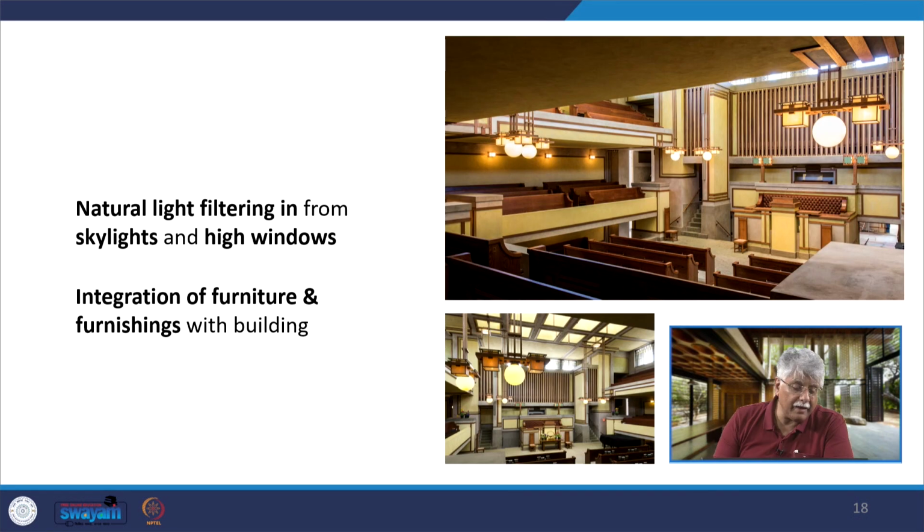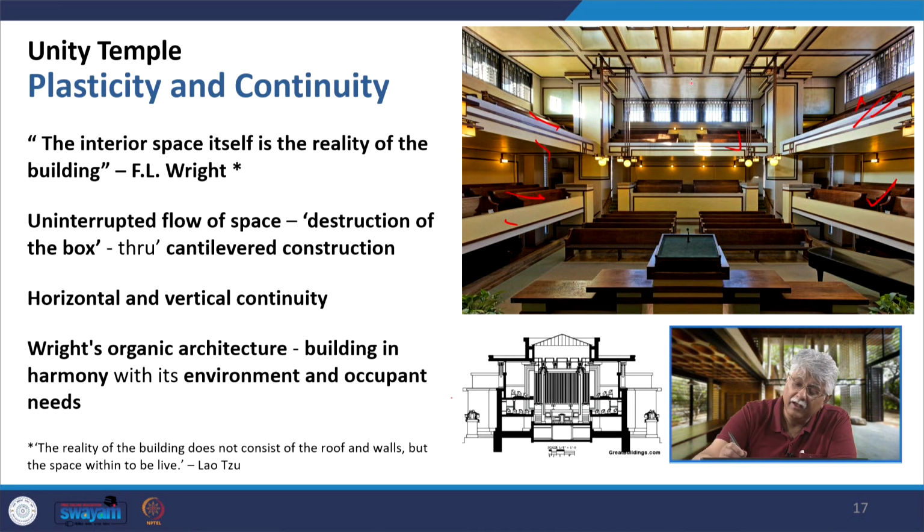Now again, light filters through the skylight and the high windows in the Unity Temple. Amazing. He brings in light from the top. As you can see, he did in the Larkin Building, he did it here also. There is no window that is pointed towards the street view. In Larkin, he removed that and put it at 7 feet height because it was all industrial all around, all smog and dust.